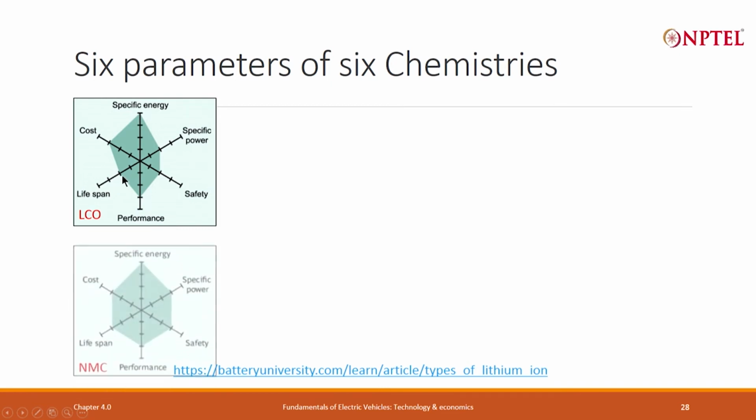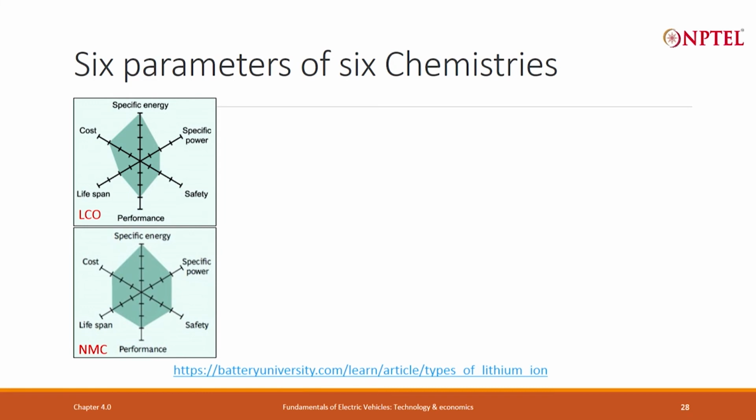Compared to this, I look at a battery called NMC. If you look at it, it is more even, moving towards a hexagon. It has enhanced safety, specific power has gone up, cost is roughly the same, lifespan has gone up, and specific energy has gone up significantly.